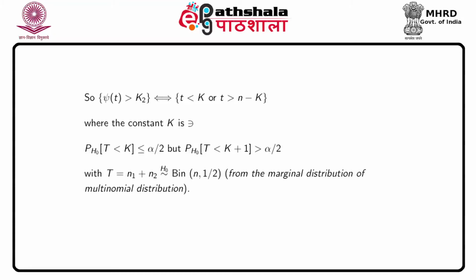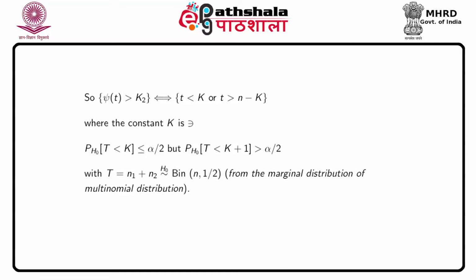That means the probability that t is less than k plus 1 under H naught exceeds alpha by 2, where t is nothing but the sum of the frequencies n1 and n2, which follows under H naught a binomial distribution with index n and probability of success half.